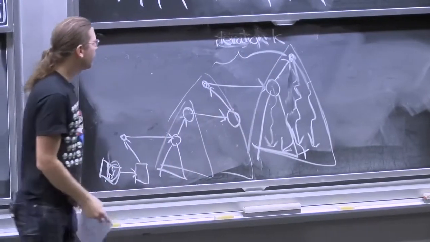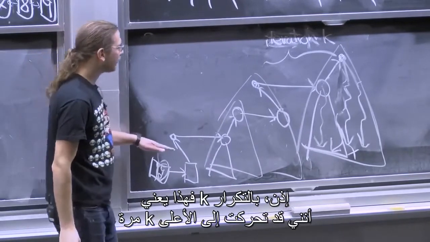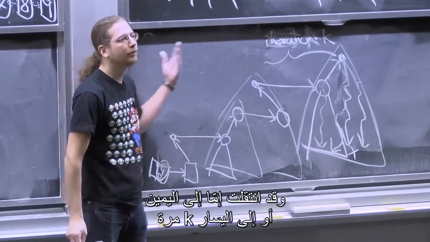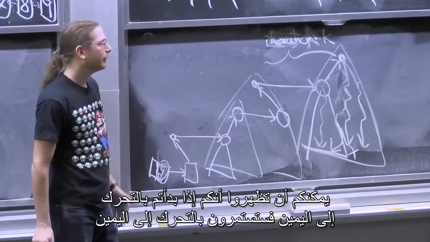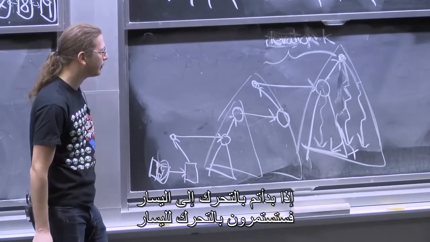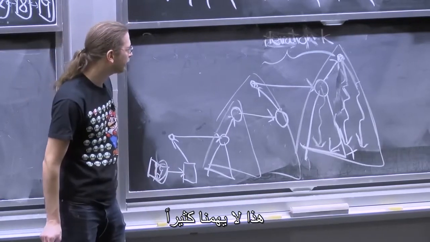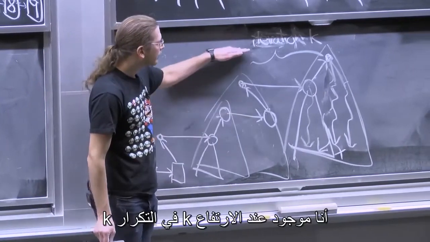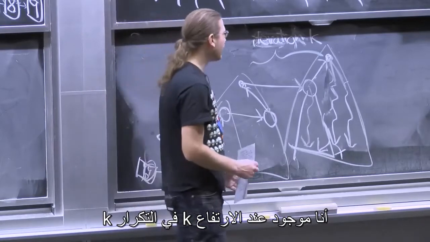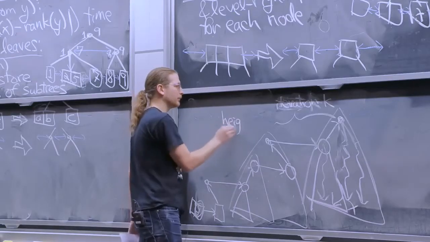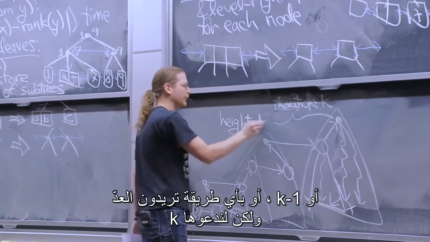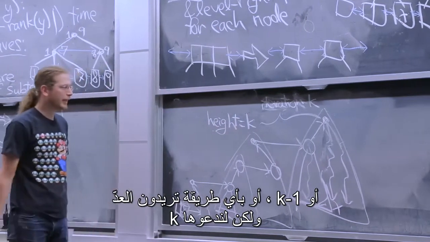Just to be clear, in iteration k, that means I've gone up k times and I've gone either right or left k times. You can show that if you start going right, you'll keep going right. If you initially go left, you'll keep going left. That doesn't matter too much. At iteration k, I am at height k, or k minus 1, or however you want to count. Okay, but let's call it k.